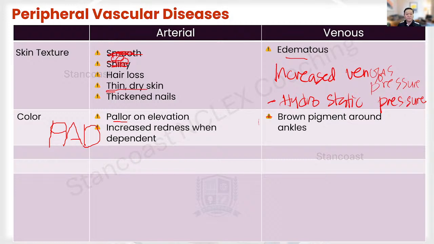And the reason for that is the pooling of the blood in the lower extremities will allow the red blood cells to leak into the surrounding tissues. And this is what we call hemosiderin staining.